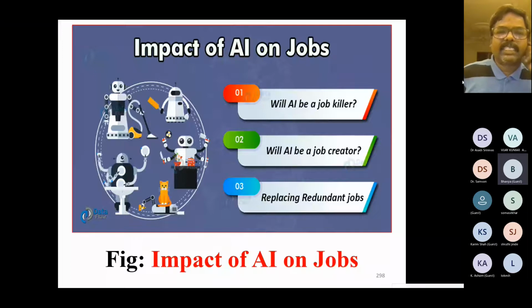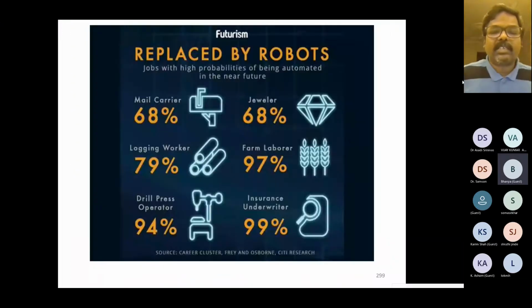So, these are the statistics about jobs replaced by robots: jobs with a high probability of being automated in the near future. It has already started with artificial intelligence. Mail carrier, 68%, meaning reading the mail, sending the mail, etc. Logging worker, 79%.